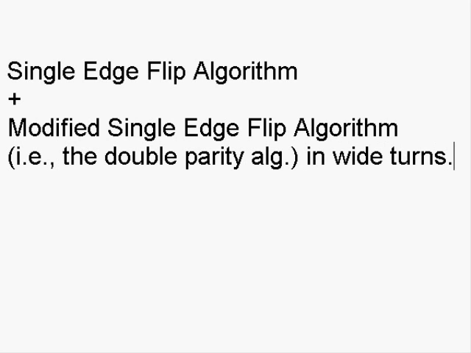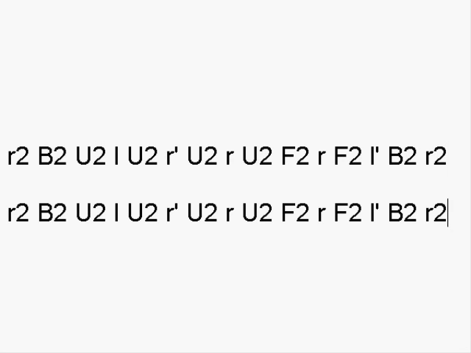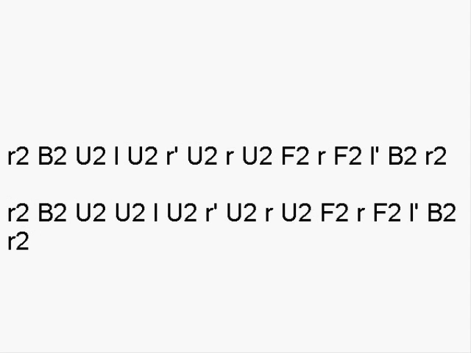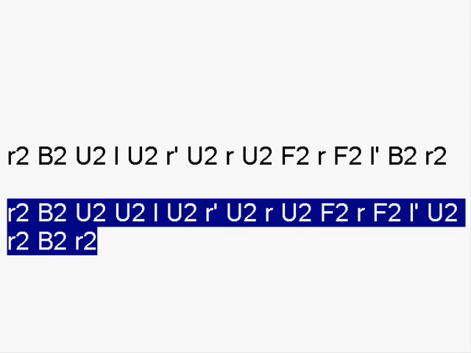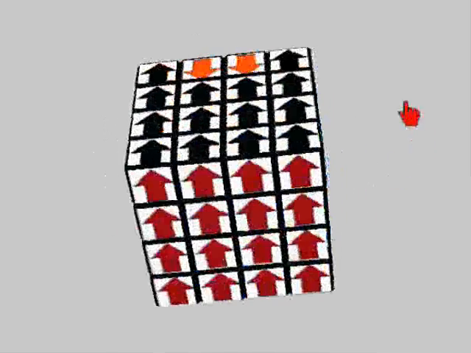So this is the formula. So again, taking the single edge flip algorithm we had, if I copy and paste it now, note that we had to add a U2 move here and invert it afterwards. From that point, we just added in R2. If I apply all this, we have that double parity.